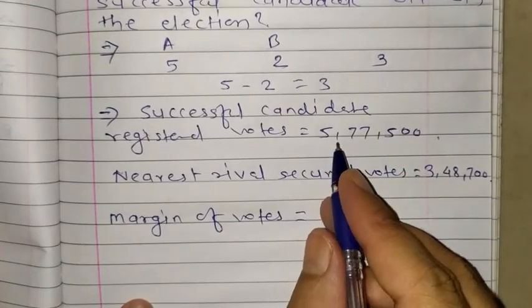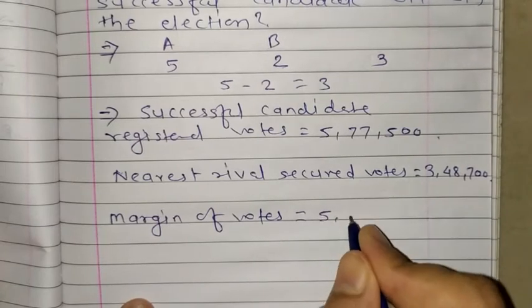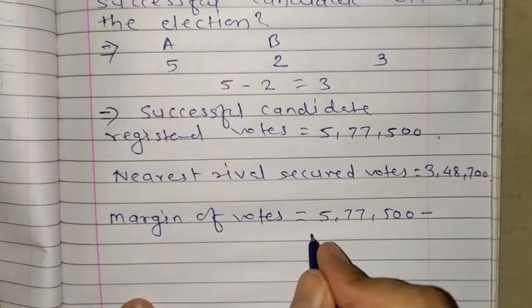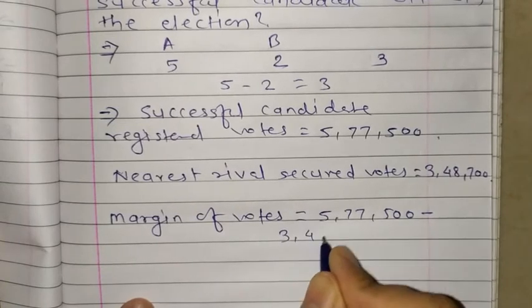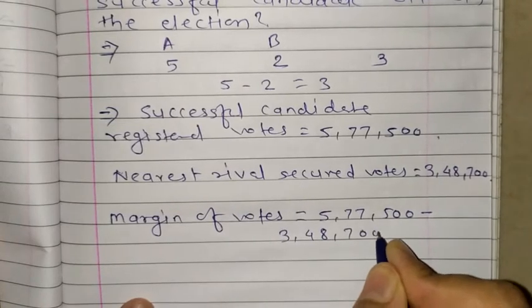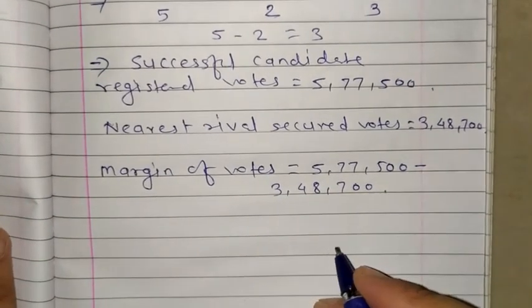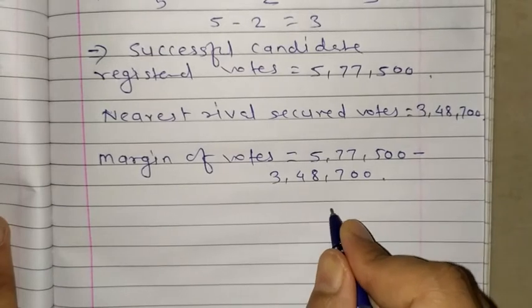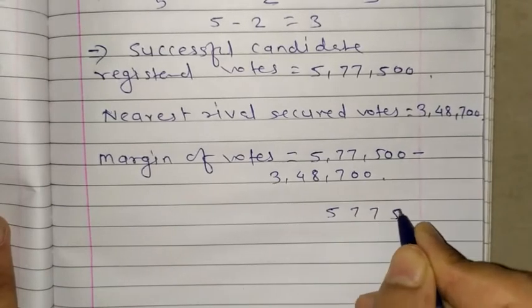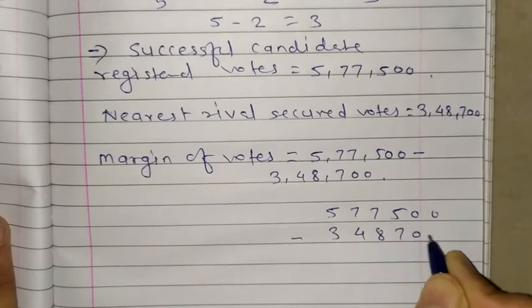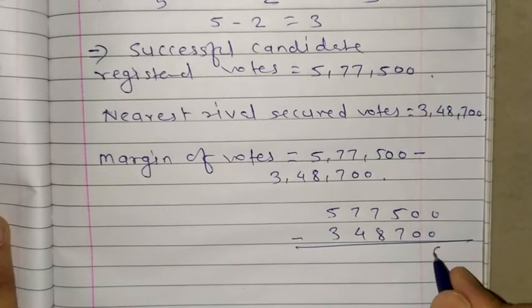So the greater value is 5,77,500 minus 3,48,700. So for these two, subtraction operation will be applicable here. So 5,77,500 minus 3,48,700. So here you have to do subtraction.